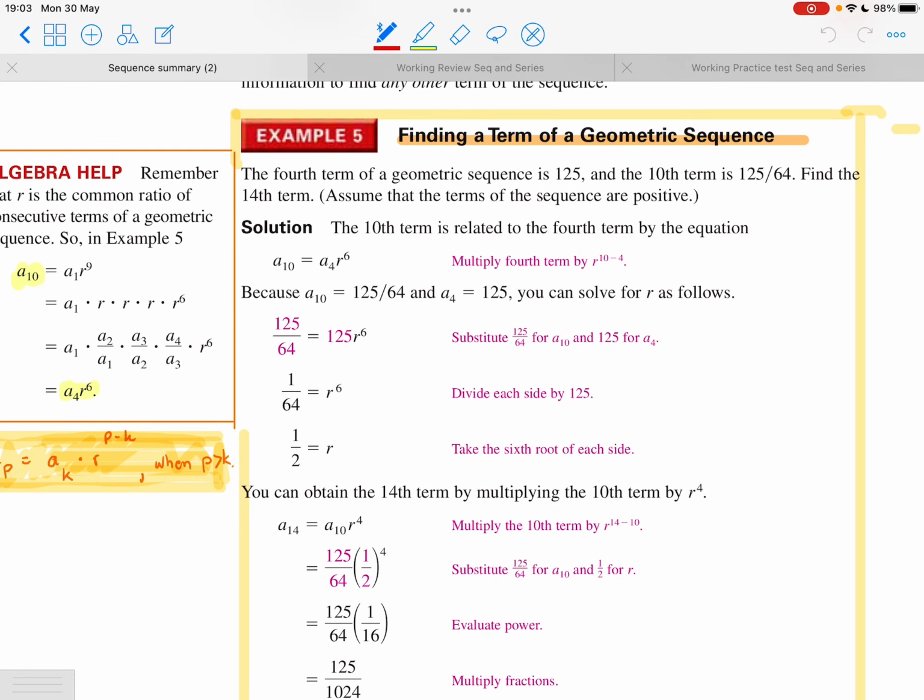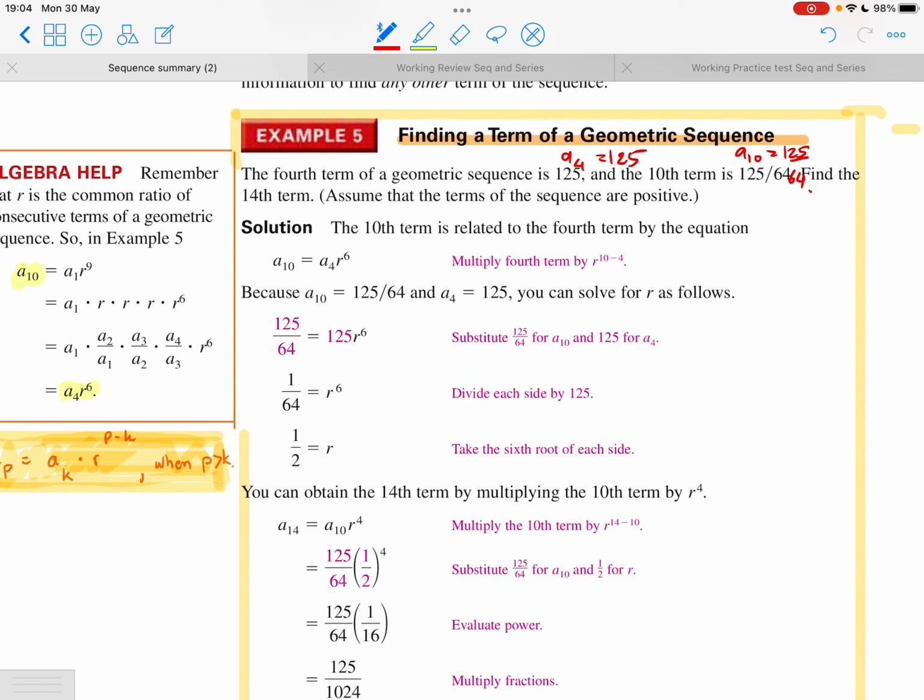So, example: finding a term of a geometric sequence. The fourth term equals 125, so a4 equals 125, and the 10th term, a10, equals 125 over 64. Find the 14th term.